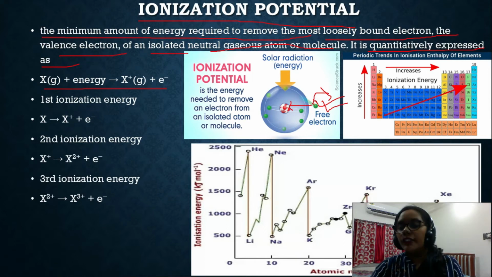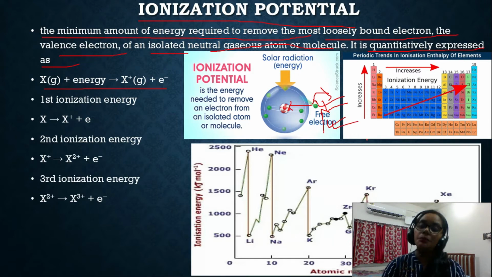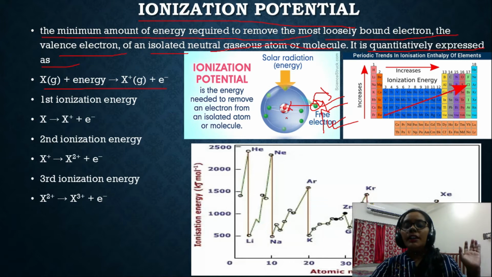So for the removal of this electron, we have to give some energy. This minimum energy is called the ionization potential: the minimum energy required to remove one electron from its outermost orbital from a neutral gaseous atom.